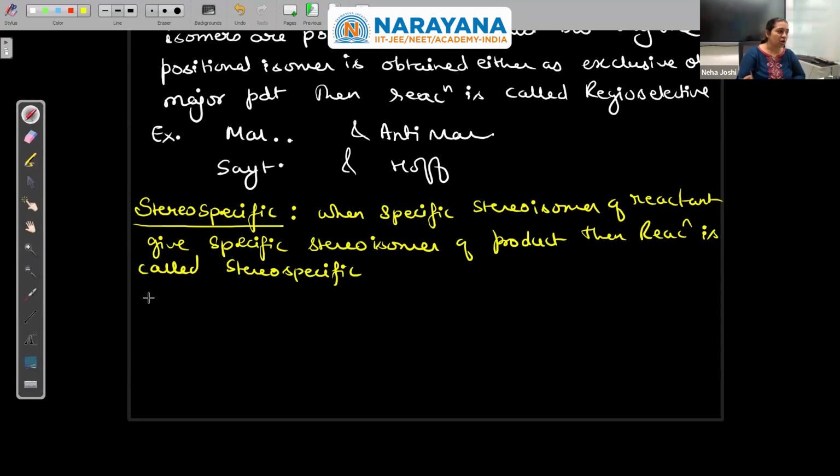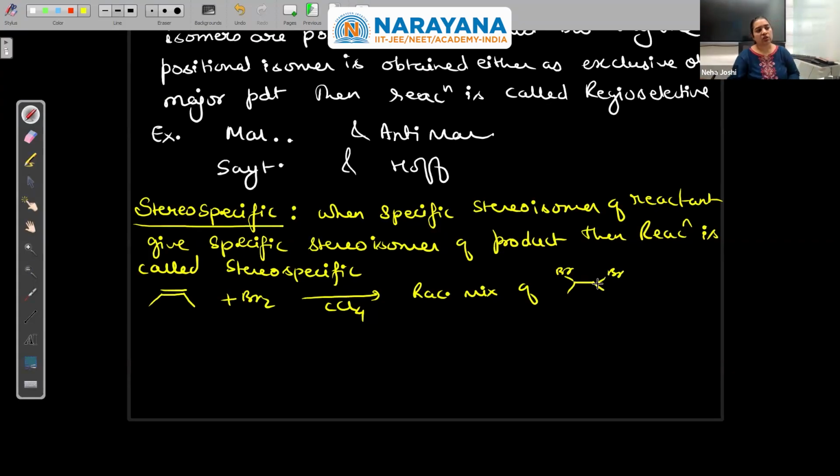For example, when we talk of cis-alkene plus bromine addition in CCl4, you get a racemic mixture of the dibromo product. I'm not drawing the wedge and dash, just a racemic mixture of this product.